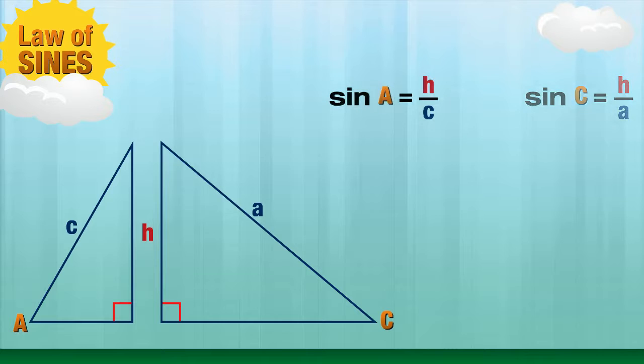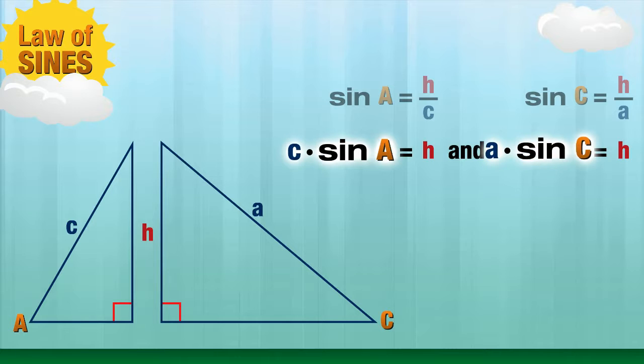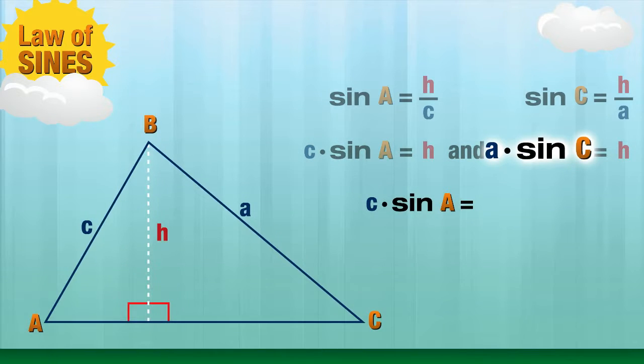If we solve for the height, we get c times the sine of A equals h, and a times the sine of C equals h. Since both equal the height, we can set them equal to each other, and we have c times the sine of A is equal to a times the sine of C.